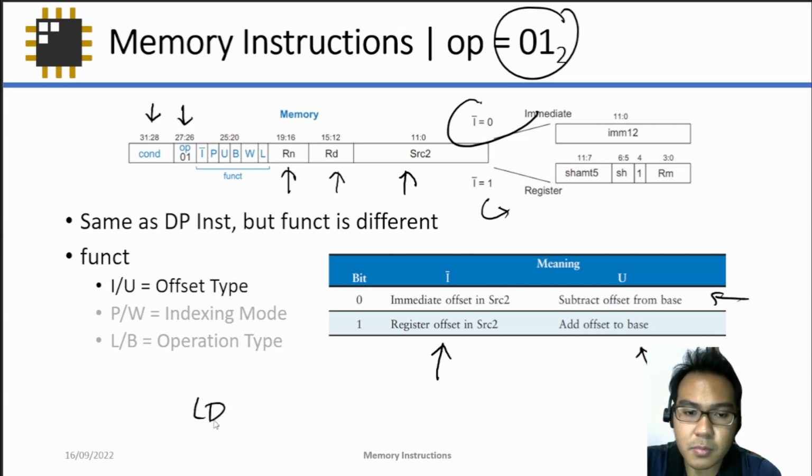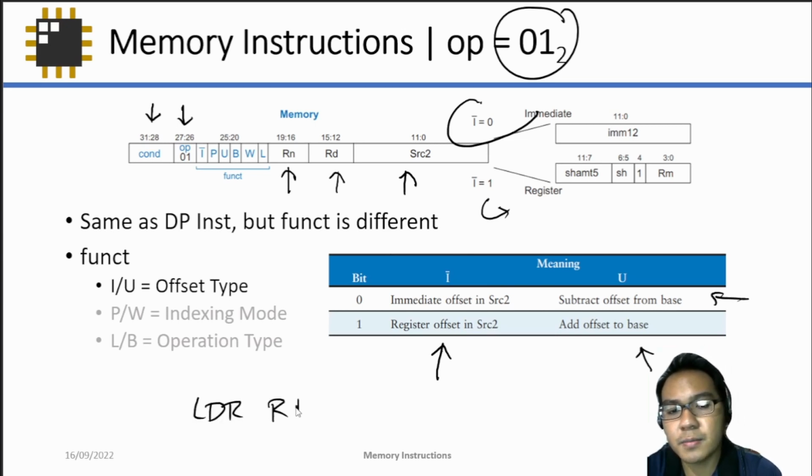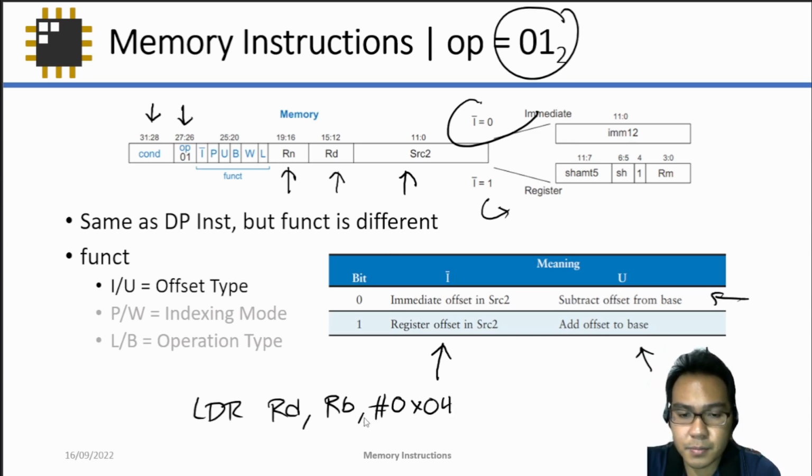So for example, we have load register, destination, let's call it RB for base. We have offset. Okay, here. So if we put negative right here, then this would be 0.